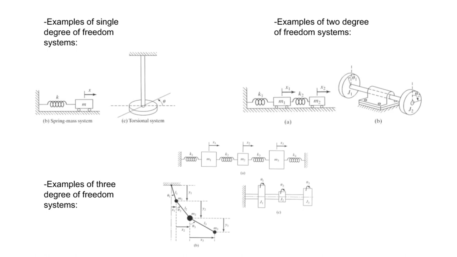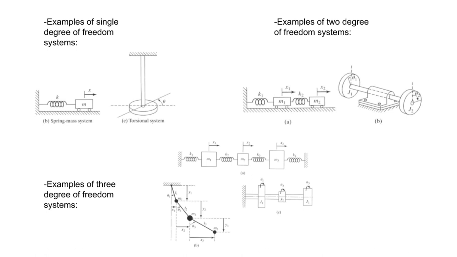In the 3 degrees of freedom system, there are A, B and C diagrams. In the A diagram, 3 masses and 4 springs are there. These 3 masses are displaced with different displacements, x1, x2 and x3. In the B diagram, a compound pendulum is there in which masses m1, m2, m3 are displaced with different angular displacements, theta 1, theta 2 and theta 3.